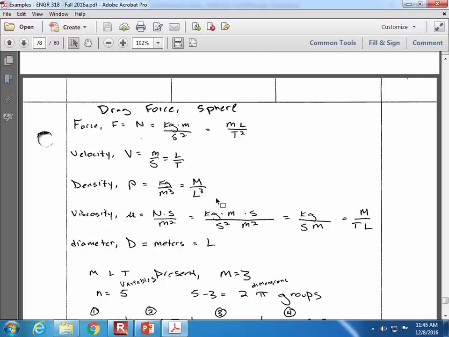So for example, look at velocity. I could cancel out the length parameter by combining velocity and d in this way. If I say velocity divided by d, then I'm going to have length per time divided by length. And all that'll be left is just units of 1 over t. So I've got my variables and my units.